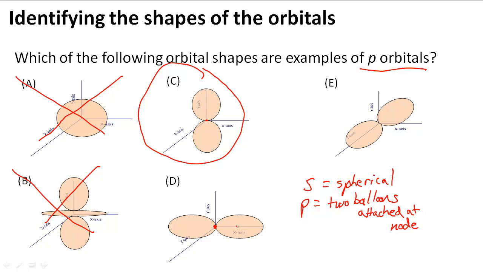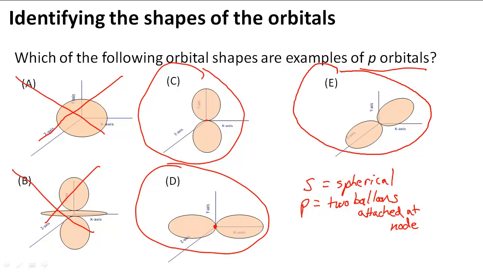It does not have to always go along the y-axis, so D can also be one of our answers. And E, now instead of going either x or y, it's going through the z-axis. Because again, if you're changing orientation of the atom, that doesn't mean that it's not in that p orbital. It's still traveling in that same shape. So E also counts as one of our answers.